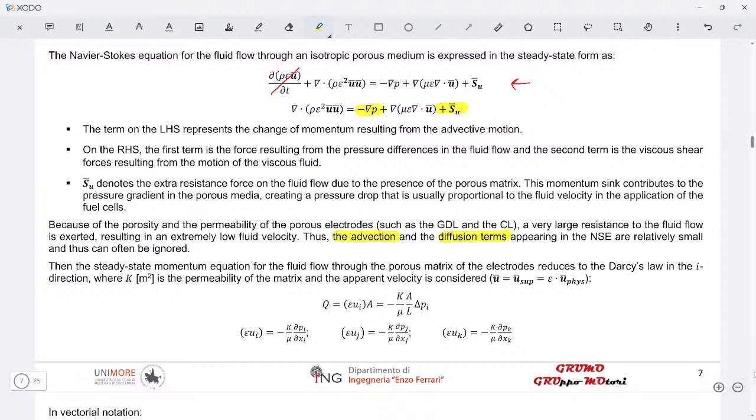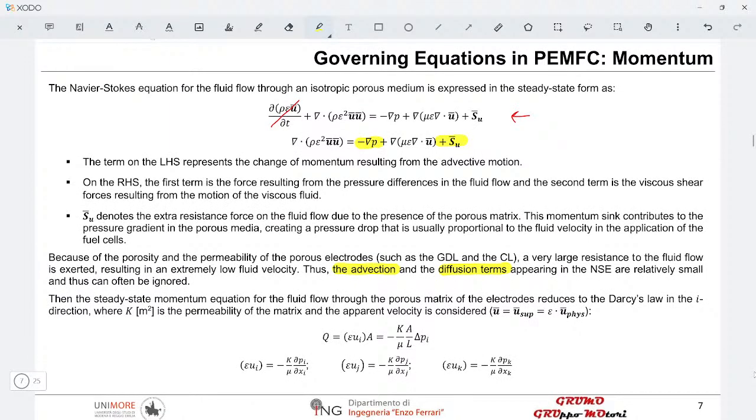Now, to specify this, again, in most of the models, the Darcy's law for porous materials is used. Okay, so the Darcy's law is one of the most famous and used relationships whenever you have to characterize the relationship between the flow rate and the pressure drop across porous materials.